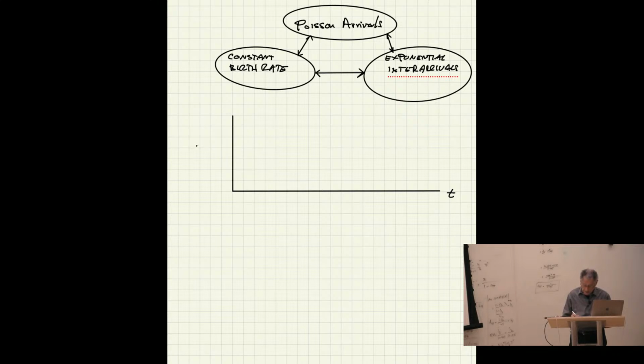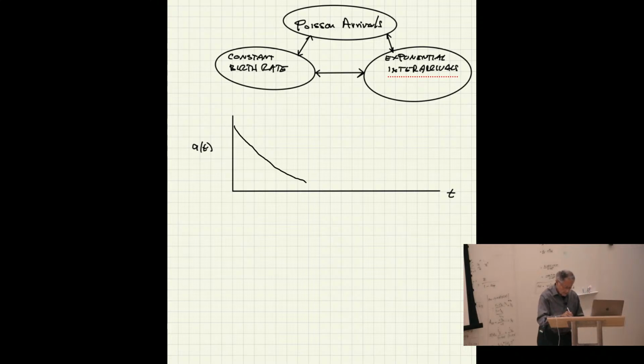I want little a of t. Let's look at the density. And let's draw the exponential. That function is what? It's lambda e to the minus lambda t. That's the interarrival time density.